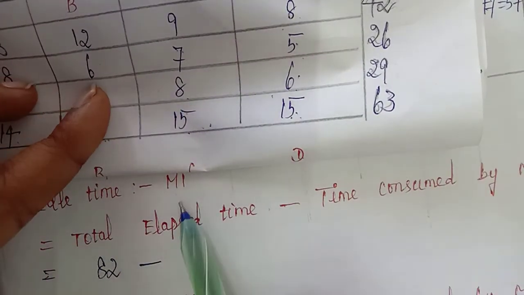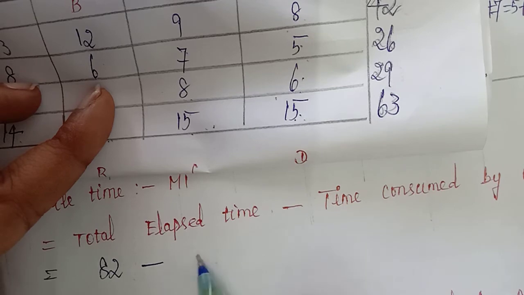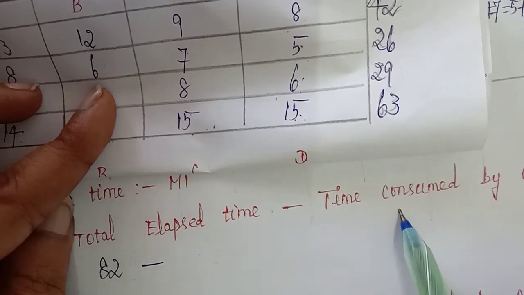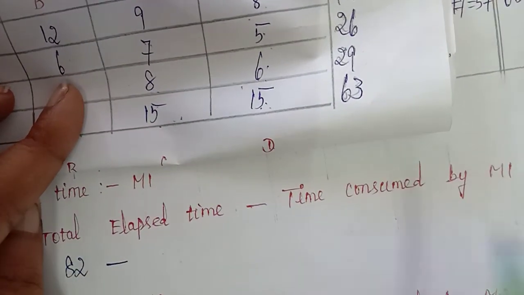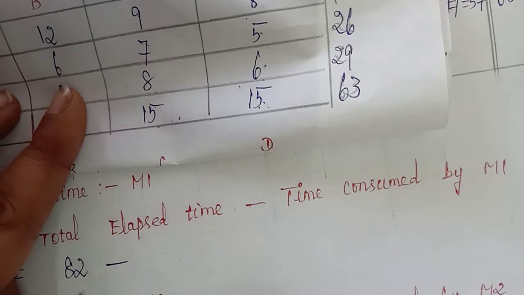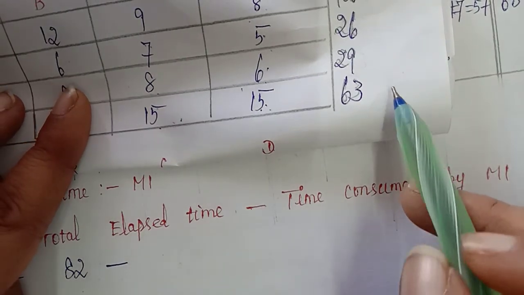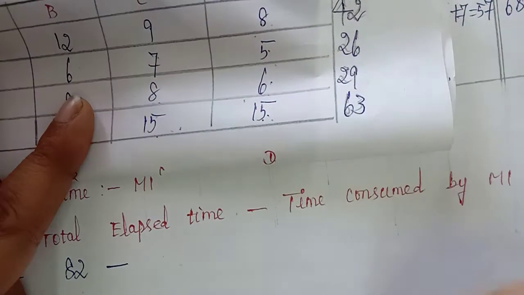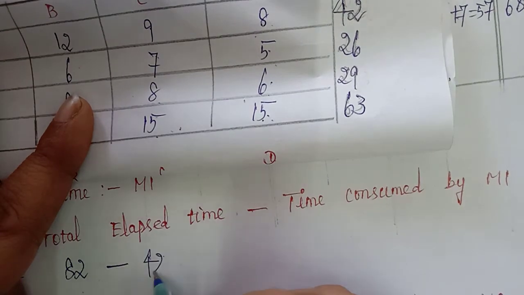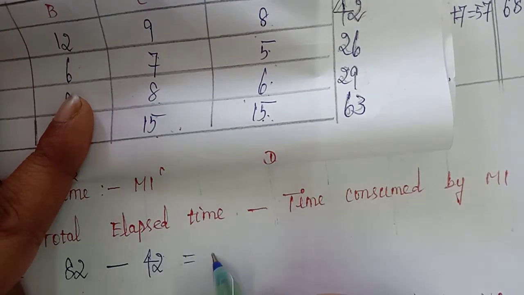So for calculating idle time, the formula is total elapsed time minus time consumed by M1. Okay, so total elapsed time is 82 minus time consumed by M1 is 42. So 82 minus 42 is 40.